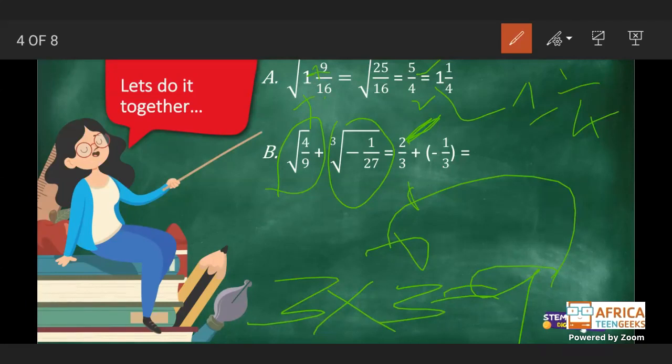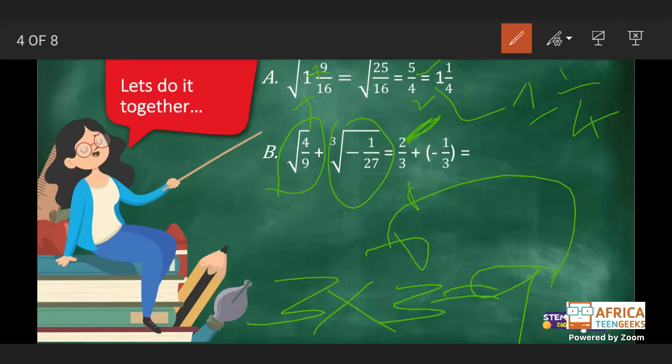So in this case, you will have to find a number that you can multiply 3 times, and it gives you the very same number. For example, 1. When you multiply 1 3 times, what do you get? You get 1, right?